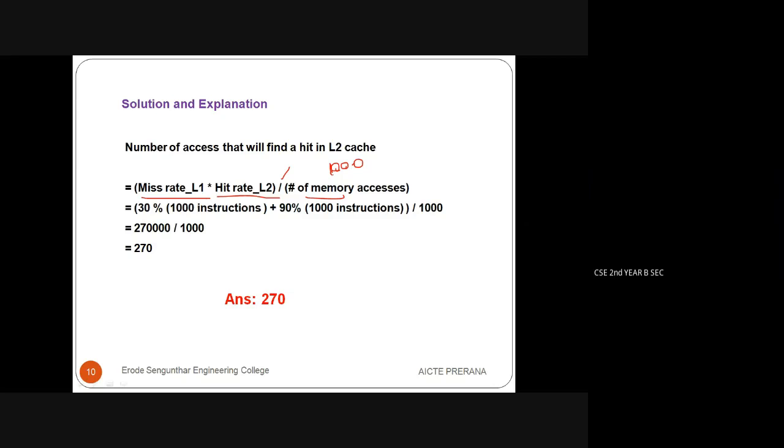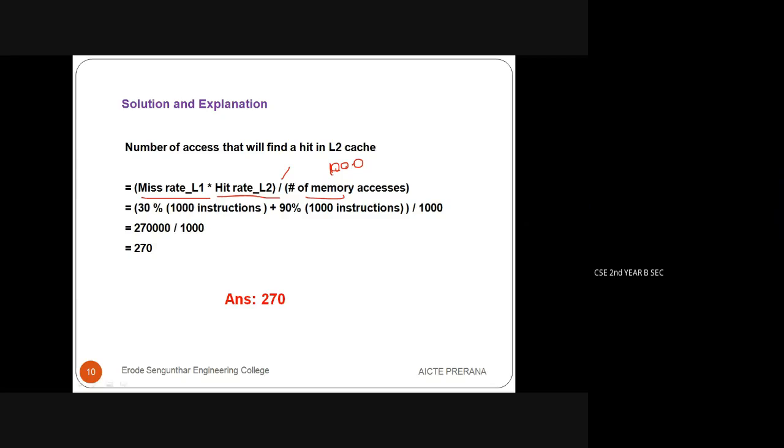When you are very familiar with these formulas and with manipulating data in numerical computer architecture problems, you will easily crack these questions within a fraction of a second. These questions are very simple, so attend them first. It is not a time consuming problem, it is a time efficient problem.